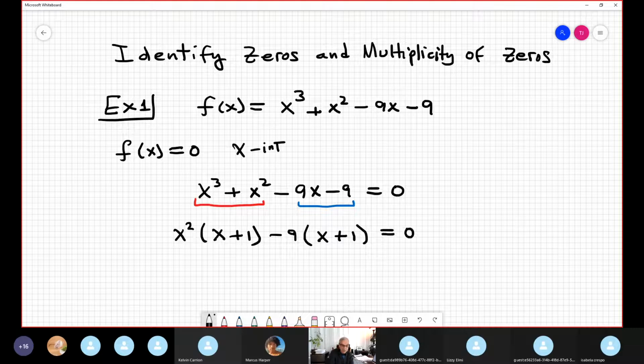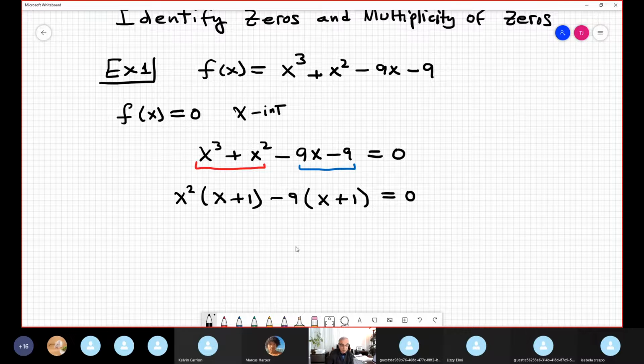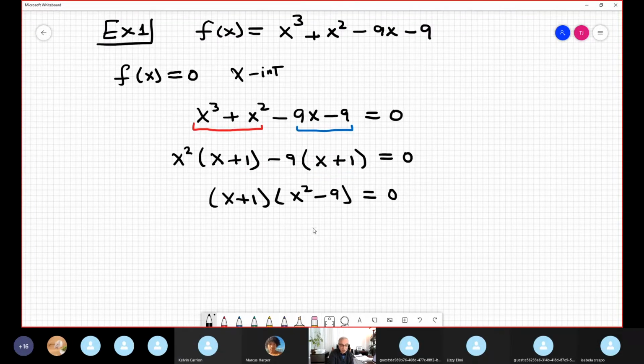I see that x plus 1 again is a common factor. Entonces we have x plus 1, factoring out one more time, x squared minus 9. Did I finish the factorization? No, because I see here a difference of squares. x plus 1, parentheses, x plus or minus 3.